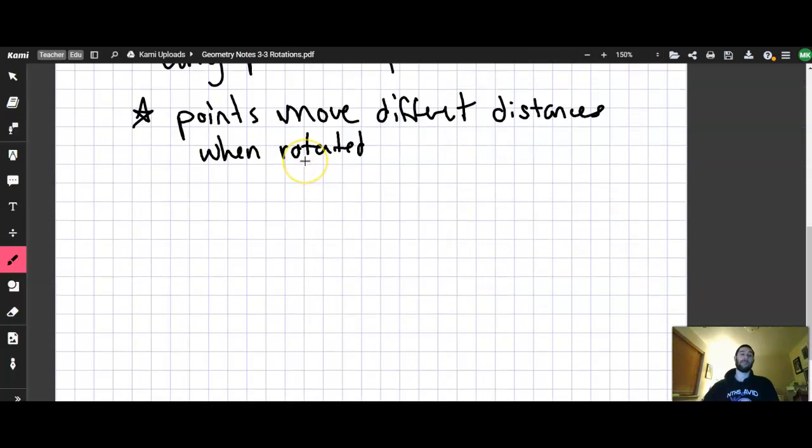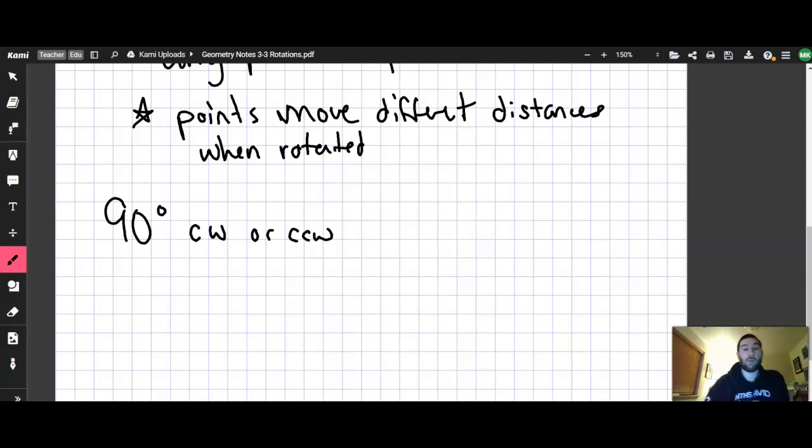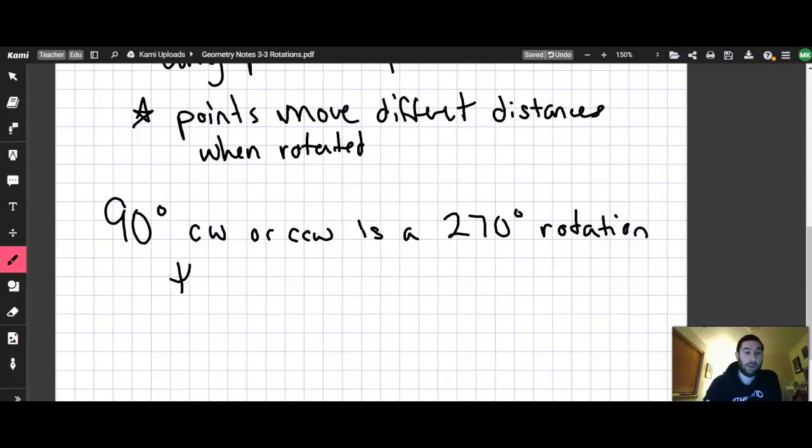So, ladies and gentlemen, a 90-degree rotation clockwise or counterclockwise, and that's what I'm abbreviating as CW or CCW, is a 270-degree rotation the other direction.